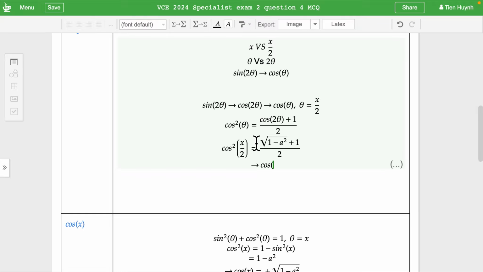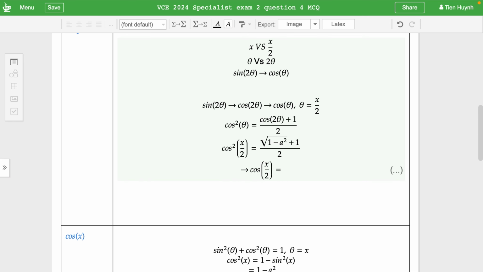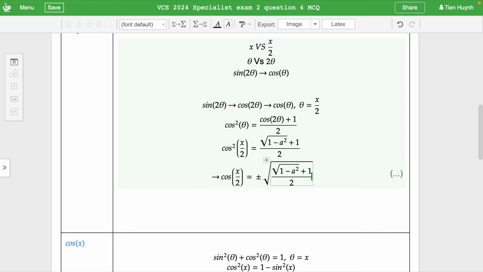Then we can figure out the value of cos of x over 2. Once again, we are going from a square, so we square root a square, and we need to remember that there are two values. So cos of x divided by 2 will give me plus or minus the square root of this value. How do we know if it is plus or minus? Once again, we need to look at the quadrant that the angle x over 2 is in.